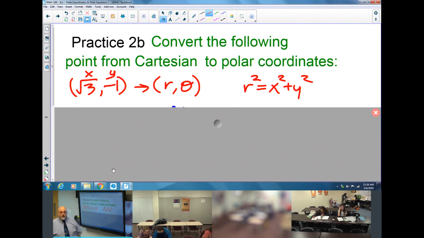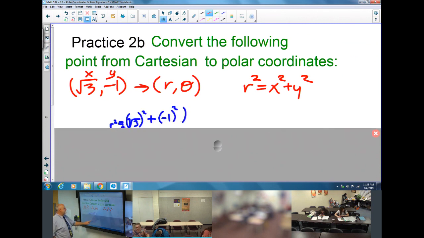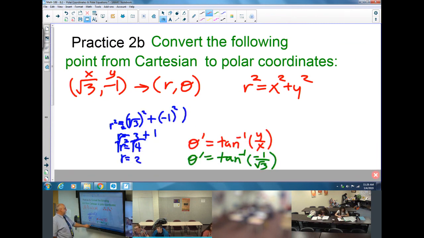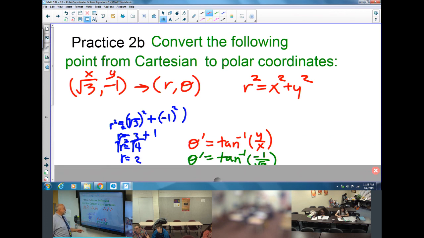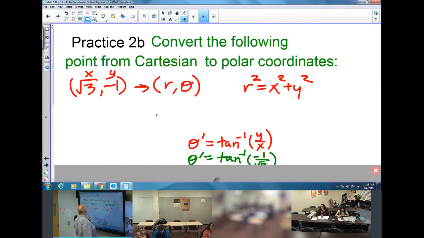All right, so Caden, when you've got the r. For r, I got radical 2. Actually, it should just be 2. Here, let's clean this up a little bit.